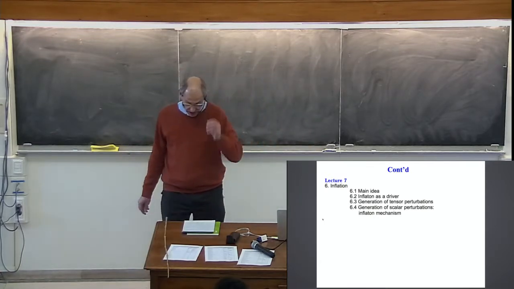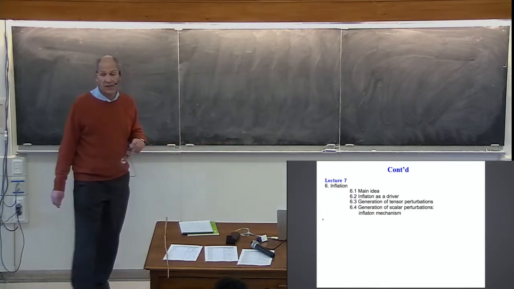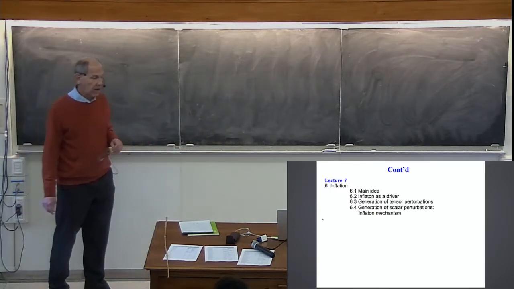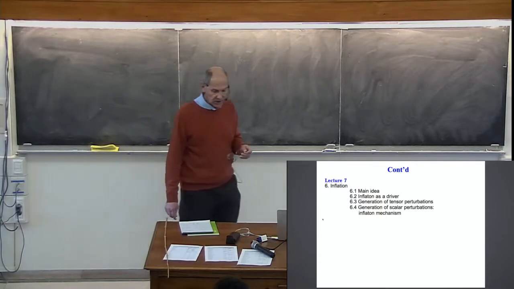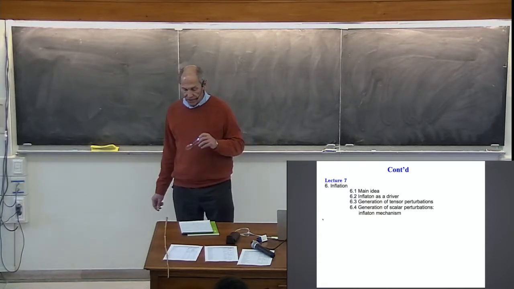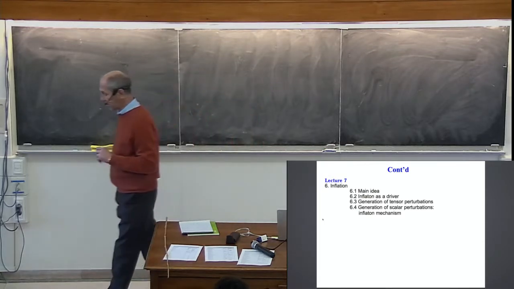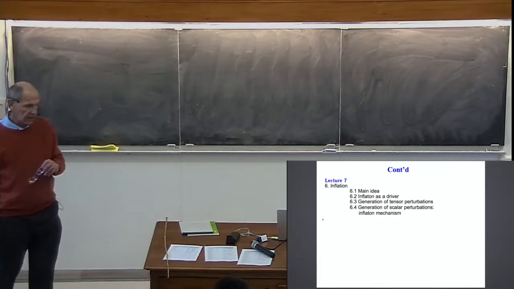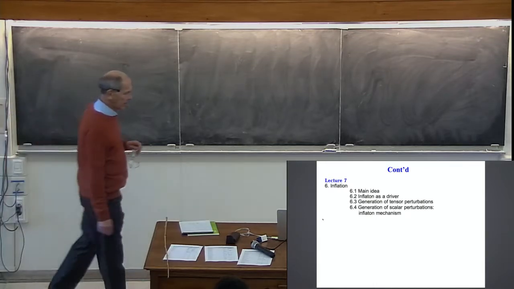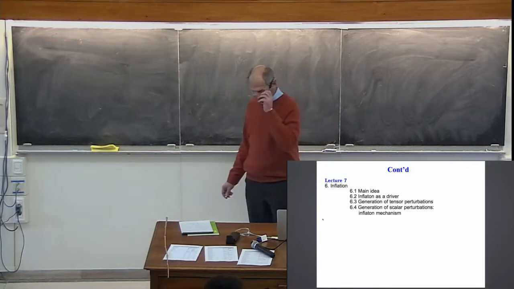Although historically it wasn't the main motivation, essentially this is the upshot of inflation. The strength of inflation is that it is capable of creating the primordial perturbations, putting them behind the horizon, making them super horizon, etc.